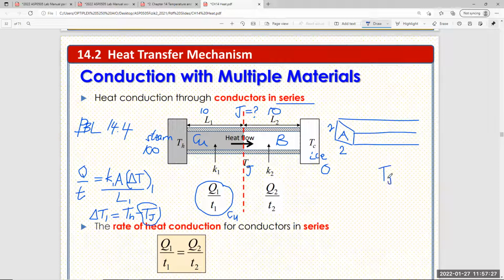It should be less than 100 and higher than 0, so it is between 0 and 100. But we need to find TJ, and you do the same for brass.